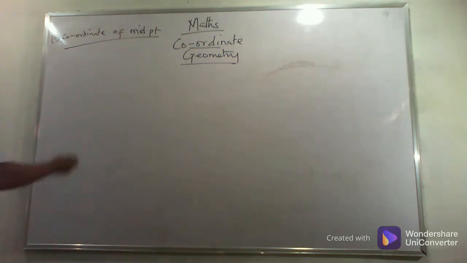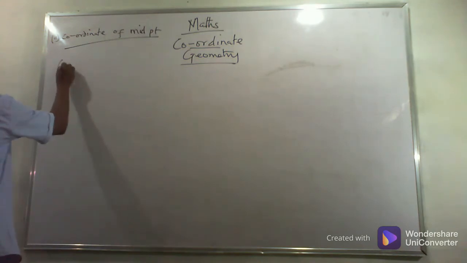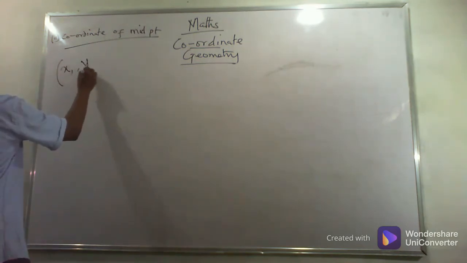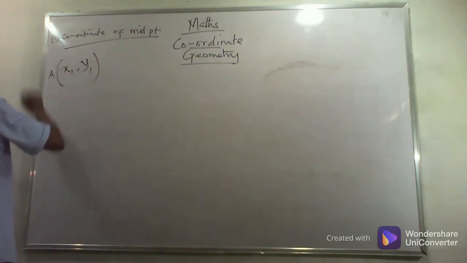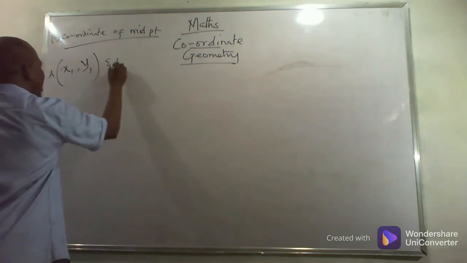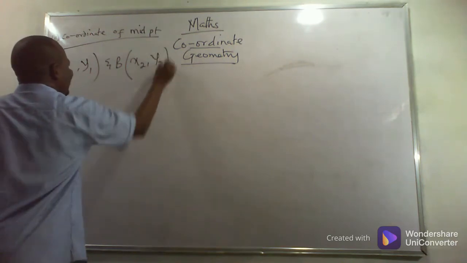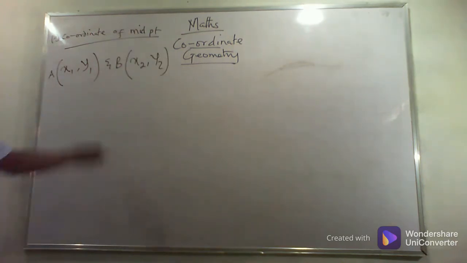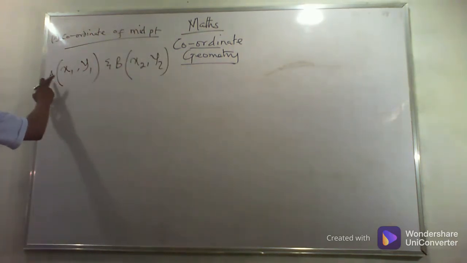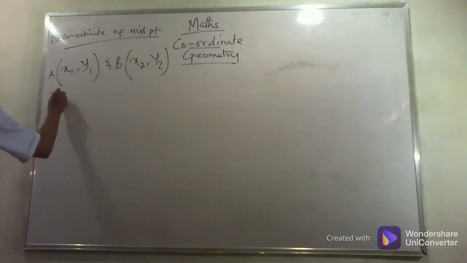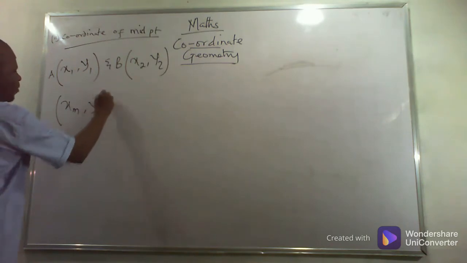What do I mean? If I have a point x1, y1, let's say this is point A, and I have another point B, it is x2, y2. I now ask you, find the coordinate of the midpoint between A and B. It means x midpoint, comma, y midpoint.